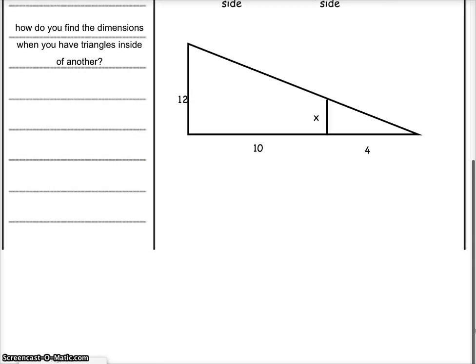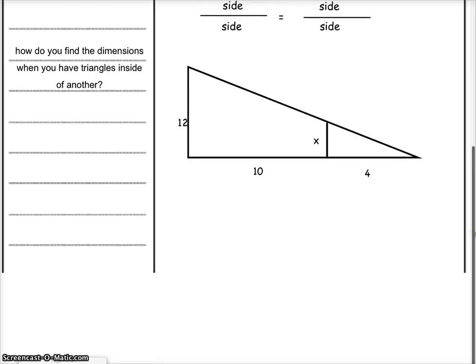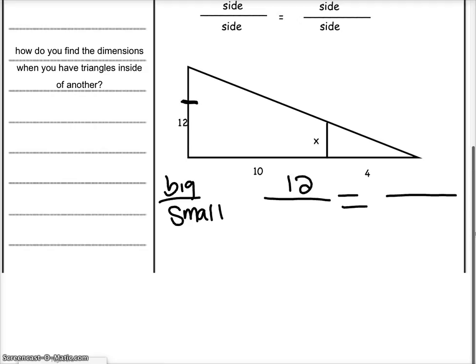Okay, so I'm going to choose to do big is to small as big is to small. That's what I'm going to choose to do. So the big side length, 12, is to the small corresponding side length, which is x. 12 is to x as the big bottom segment. What is the big bottom segment? 14. What do you think is the most common mistake 7th graders do? 10.